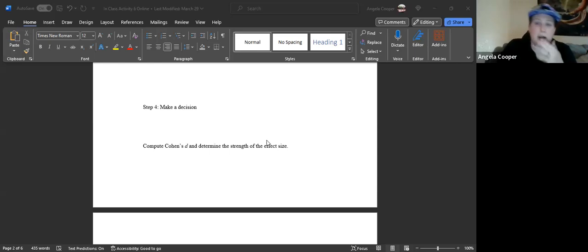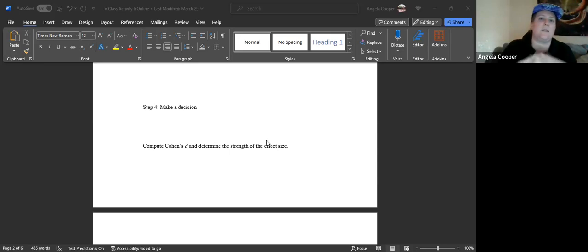I know that's a pretty common mistake for students overall, but if you have a negative 0.35, a negative 0.4, a negative 0.1, that would have the same strength as its positive counterpart. So a negative 0.35 would have the exact same strength as a positive 0.35.